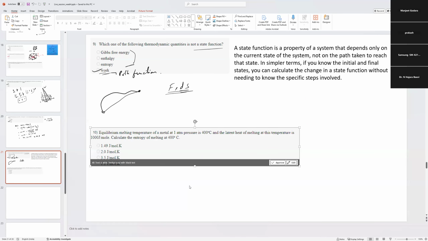The equilibrium melting temperature of a metal at 1 atmosphere pressure is 400 degrees Celsius, and the latent heat of melting at this temperature is 1000 joules per mole. Calculate the entropy of melting at 400 degrees Celsius.